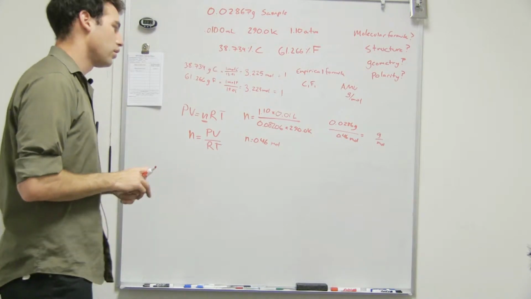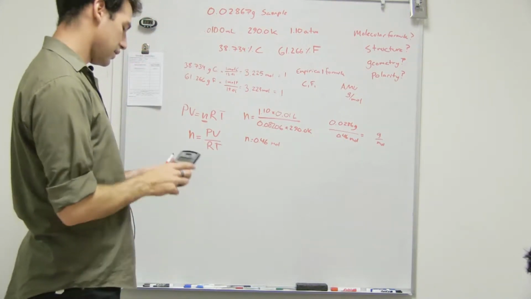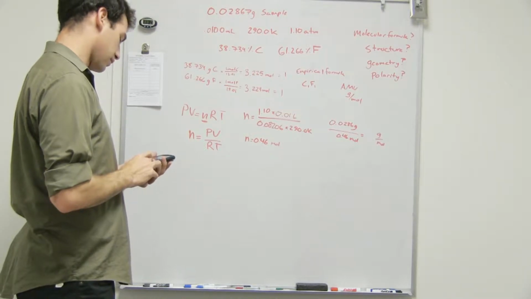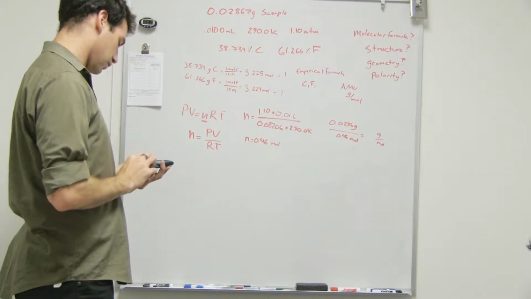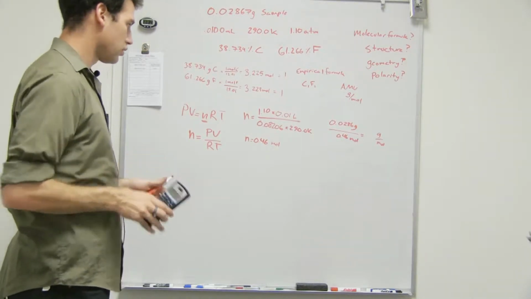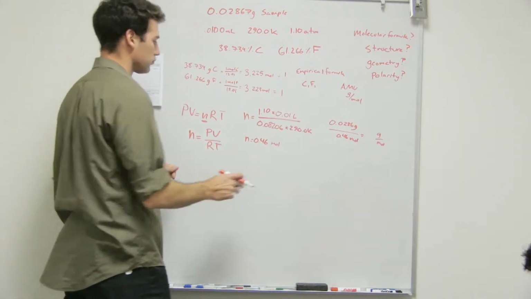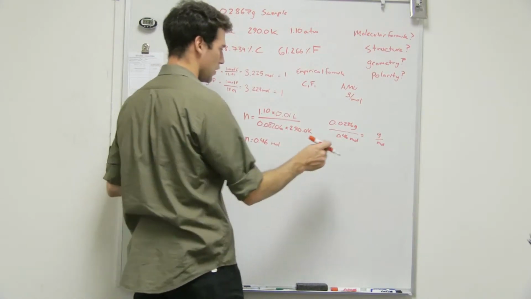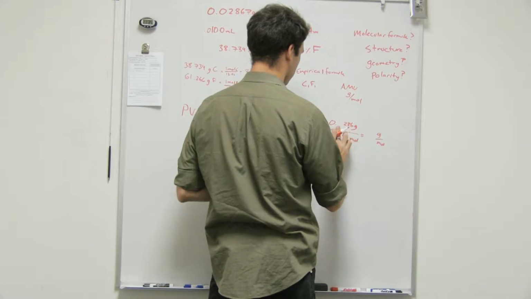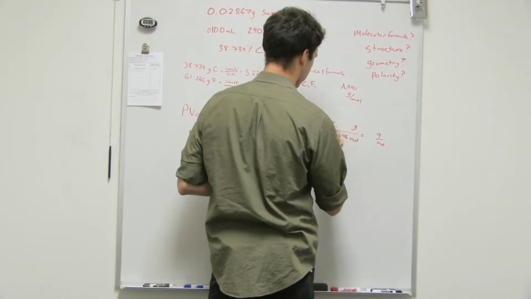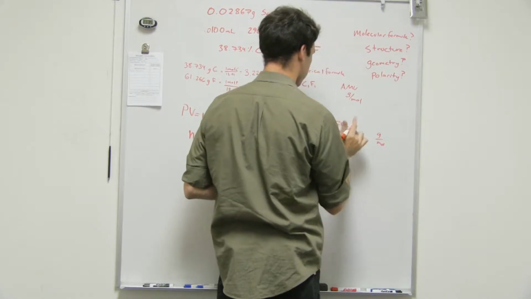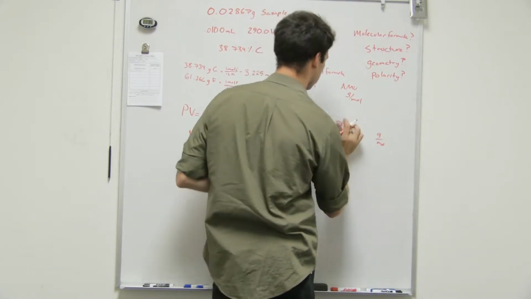So in the end, we got to multiply this thing by 1,000 times 1,000. So we do that, and then this is really 28.6 grams per mole.